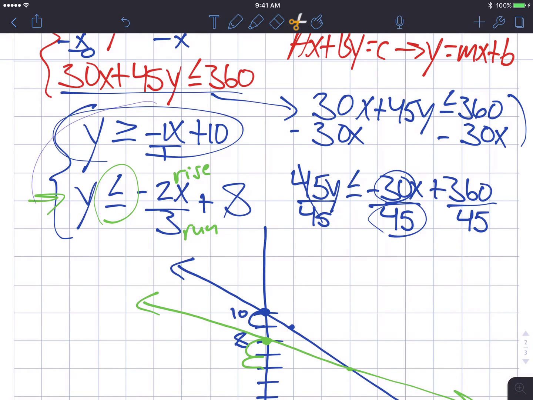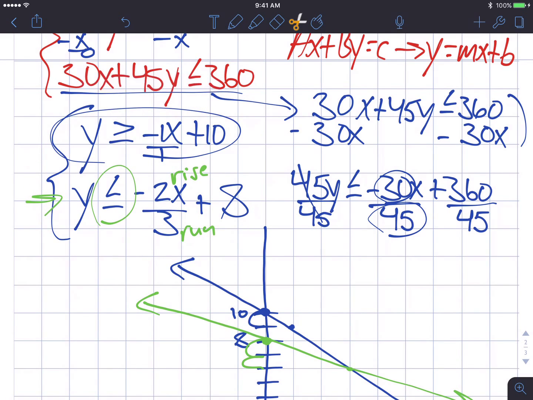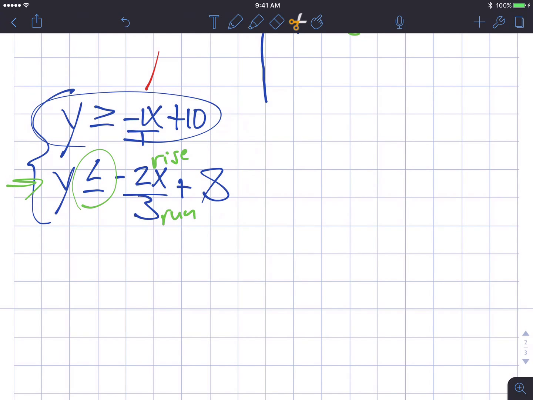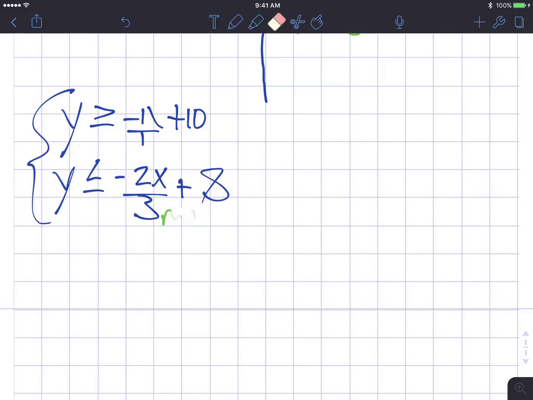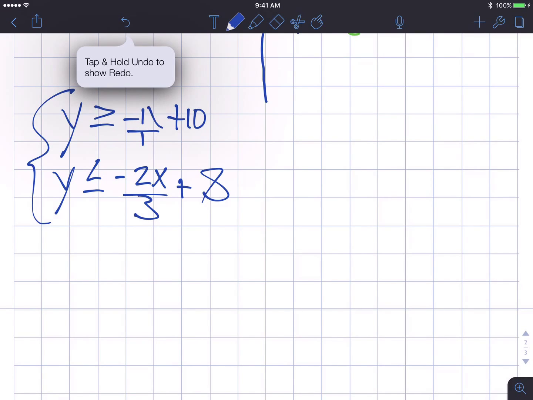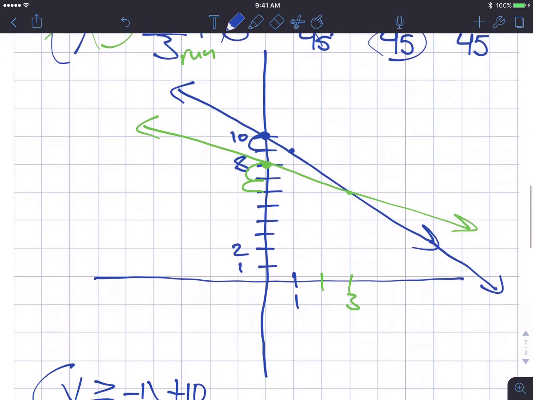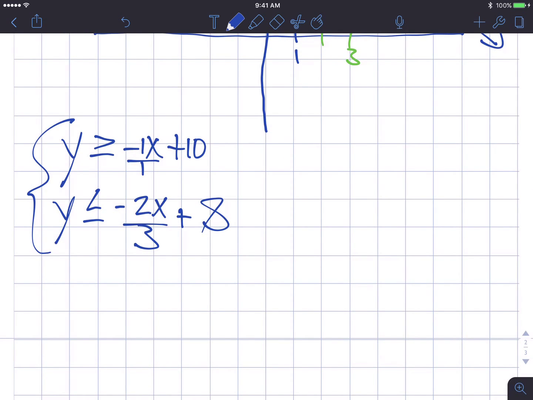I'm going to copy, paste, and clean it up a little bit. Okay, so let's go ahead and plug in 0, 0 for each one.